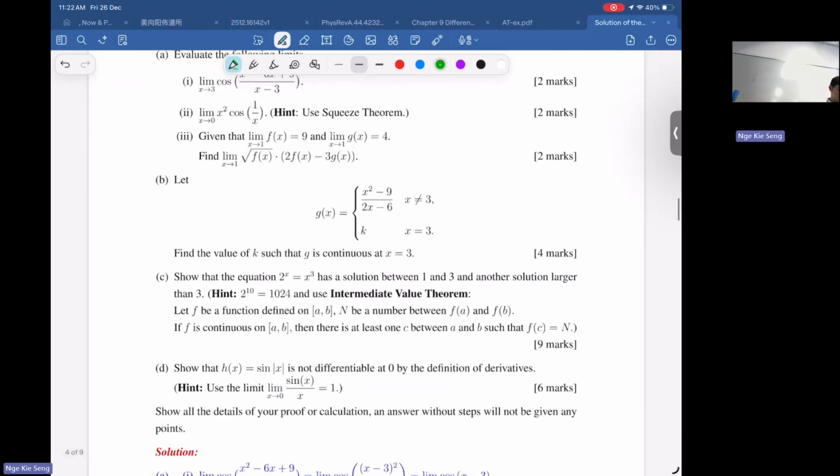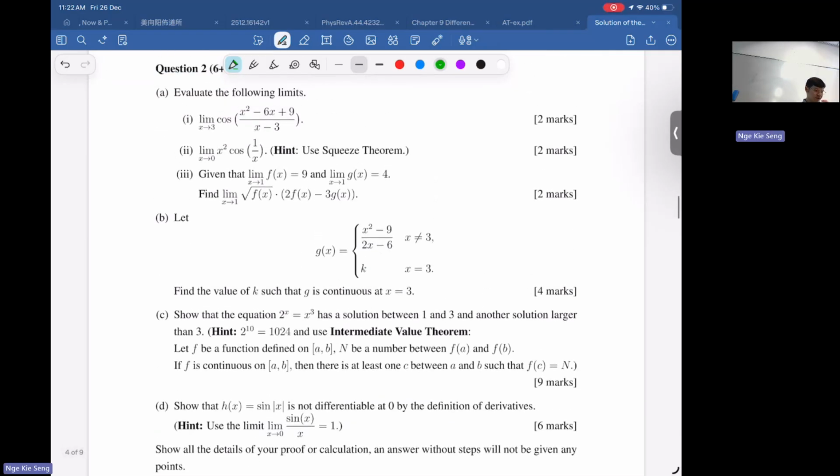Okay, question 2, most of them are just calculation, right? Compute limit, find k. So 2b actually is quite similar to 1b, right? But instead of giving you a value at x equals 3, it asks you to find what the value at x equals 3 is.